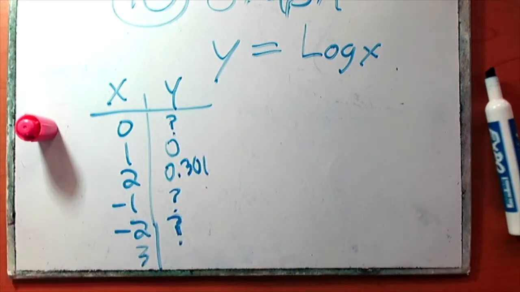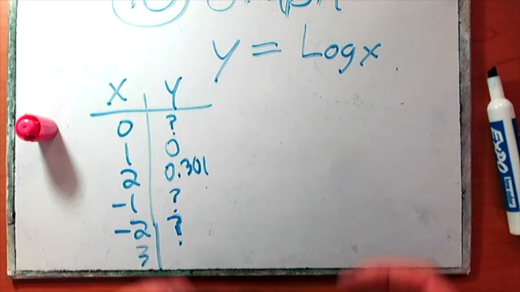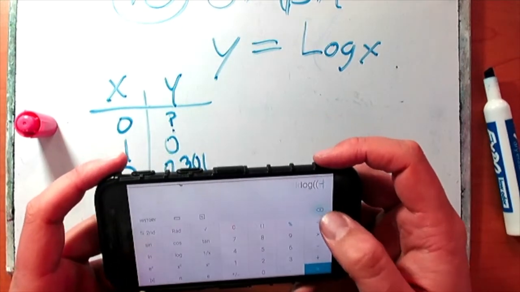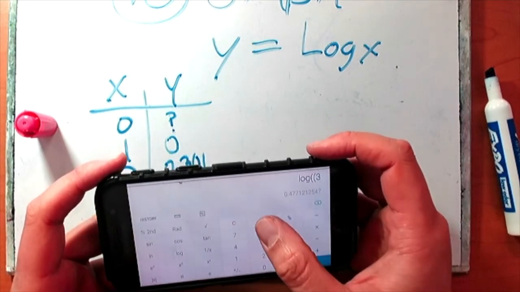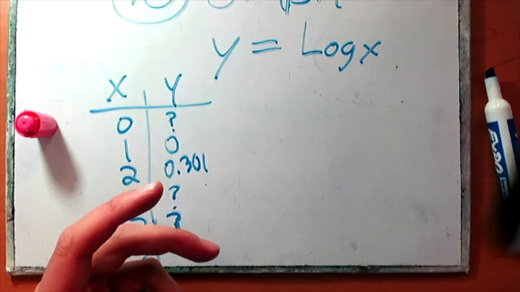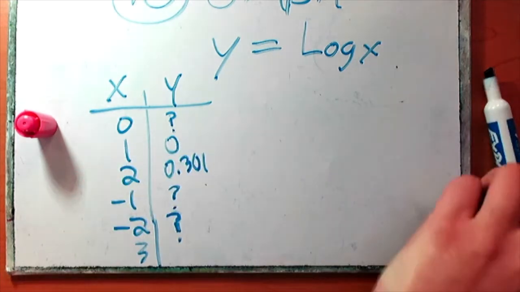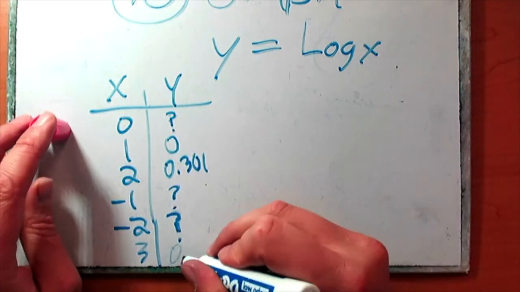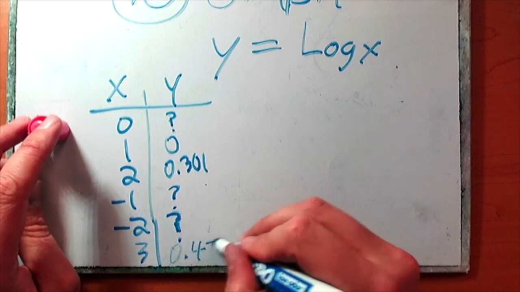Let's say x is 3. If we do log of 3, well, that equals 0.477.